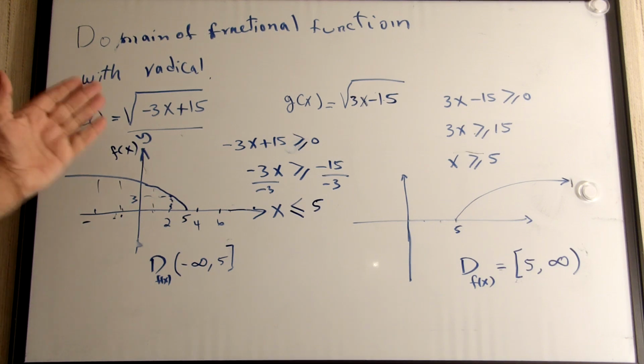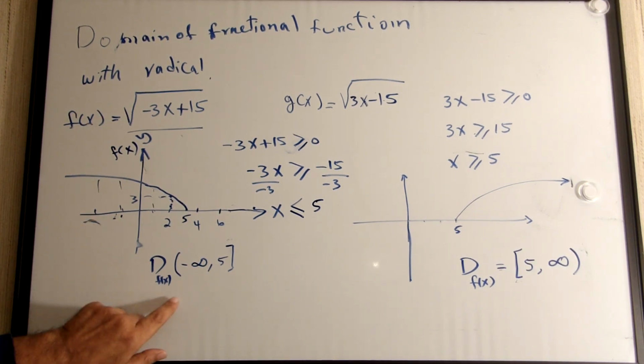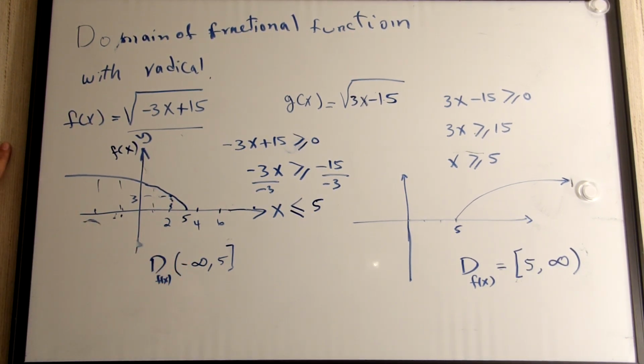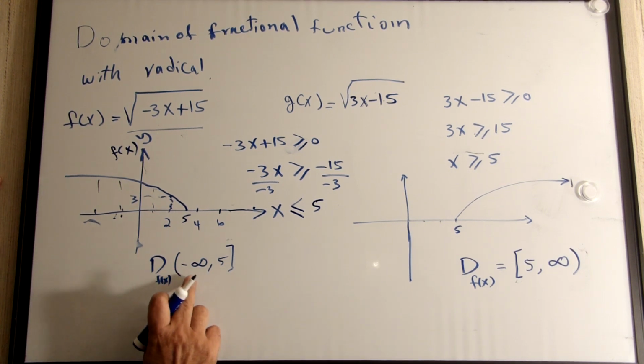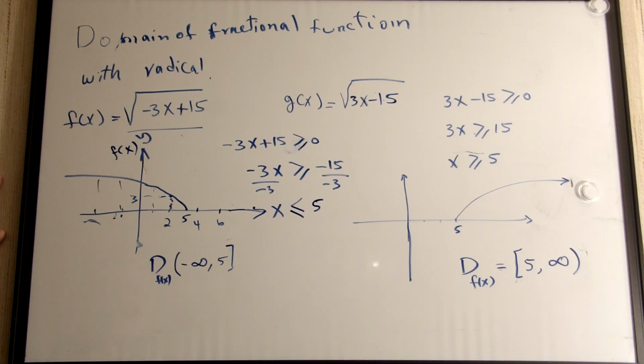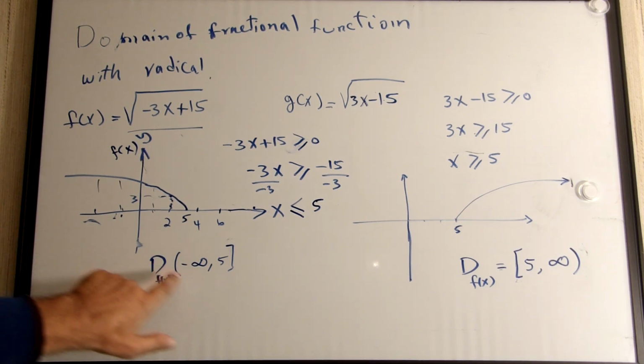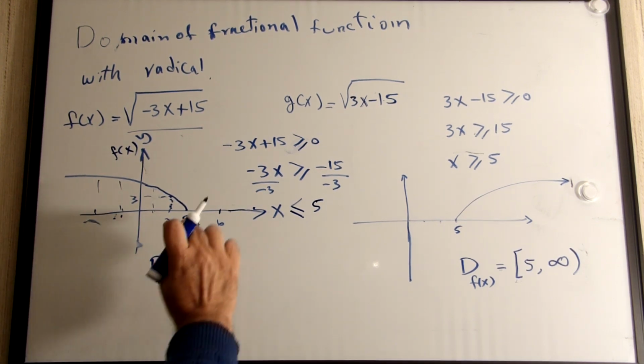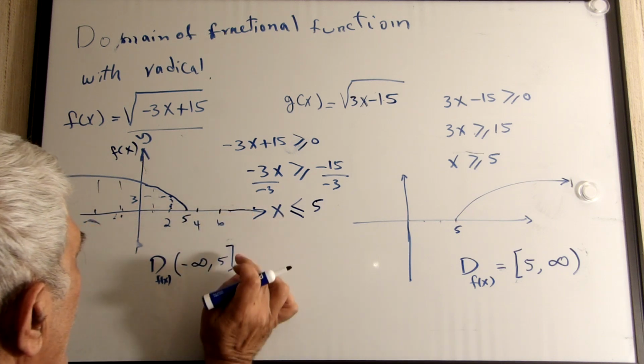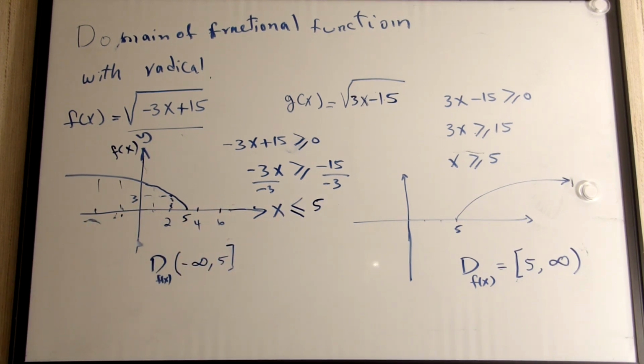So what it means is that you can only give values to x from minus infinity up to 5. You cannot give any number over 5 because it's not in the domain of that function.